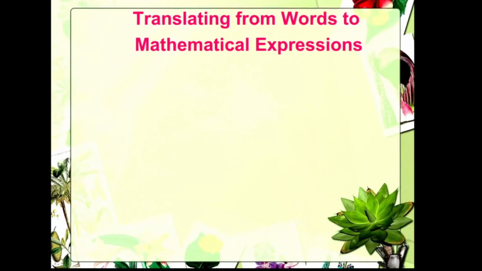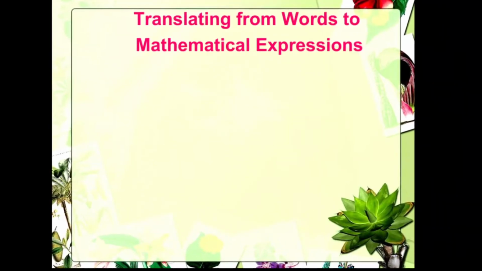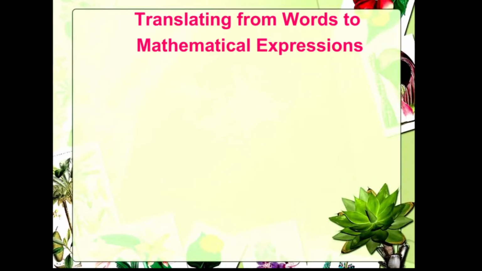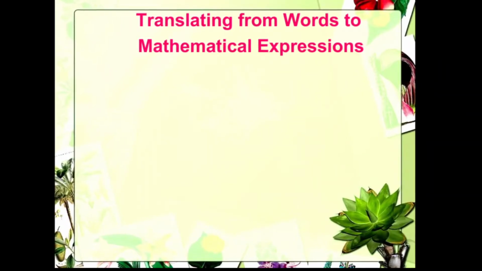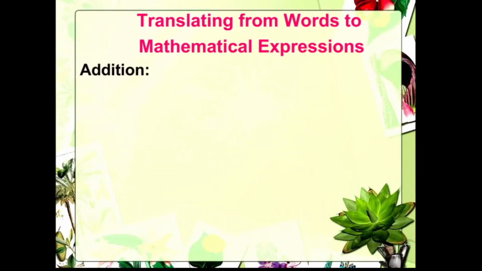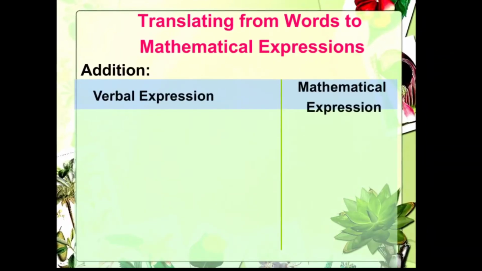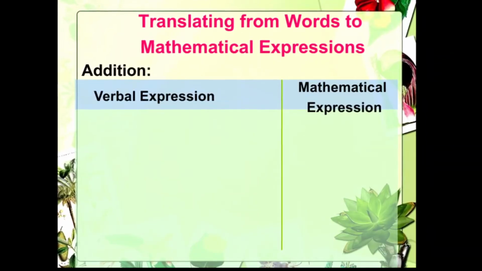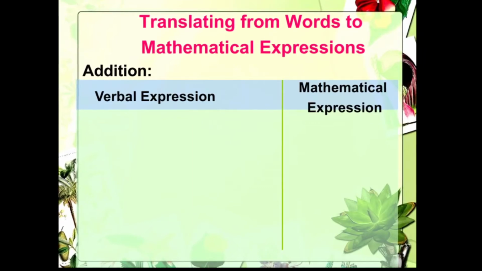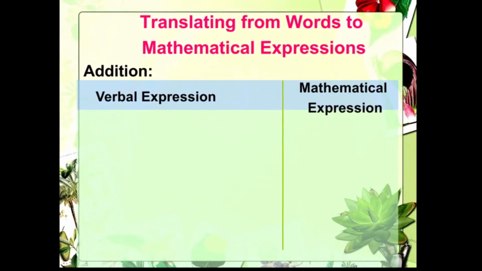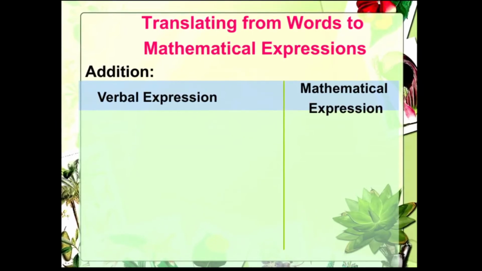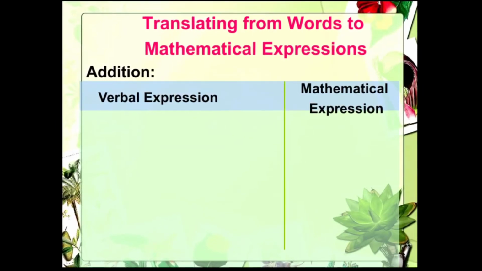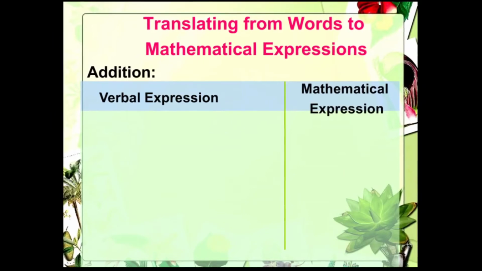Now, let's translate words to mathematical expressions. Those words are the verbal phrases. For addition, suppose we have this table. The first column is for verbal expressions or verbal phrases, simply the words or statements. Then on the second column, we have the mathematical expression.